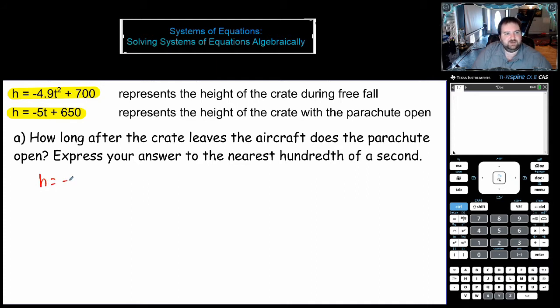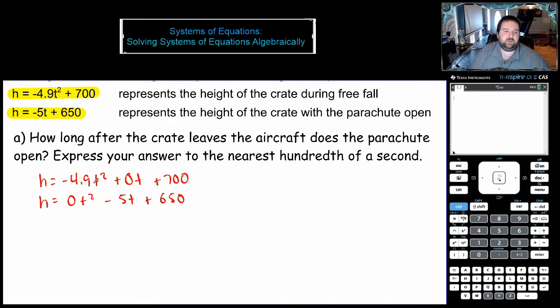So we have h equals negative 4.9 t squared, and I'm going to add the plus 0t plus 700. I wanted to put that in so that they line up, because I remember from the last lesson how to do this. And here I don't have a t squared, so it's 0t squared minus 5t plus 650.